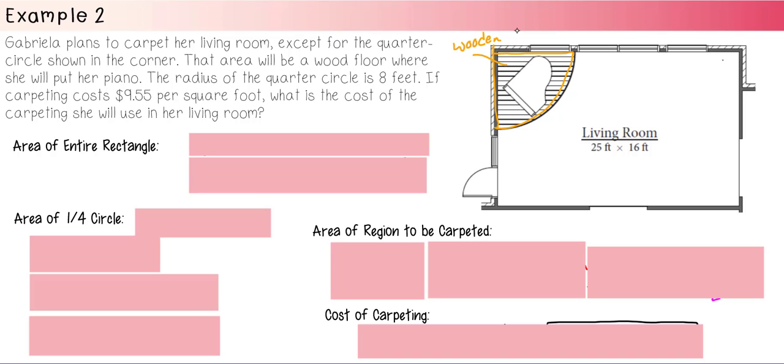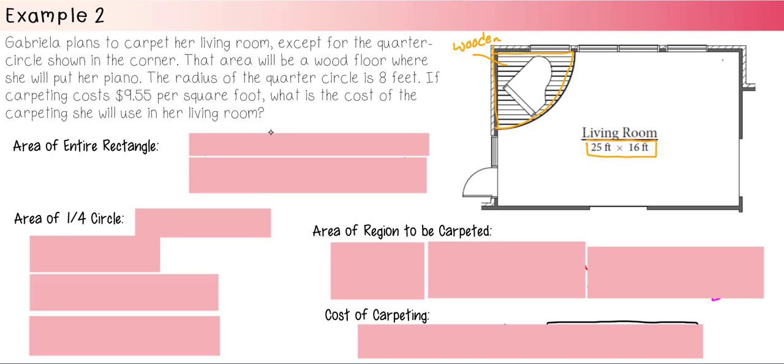So we're going to have to take that into account when we figure out how much carpeting we actually need. So the easiest way to do this is to first calculate what is the area of the entire rectangle. And our measurements for length and width are given right here, 25 feet times 16 feet.